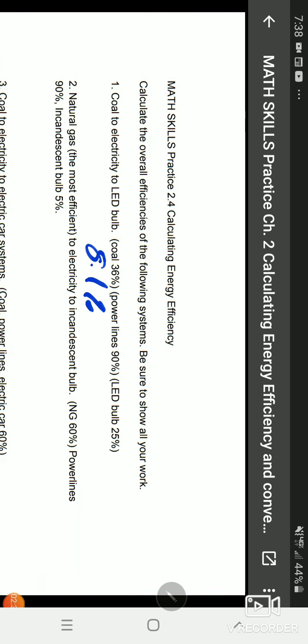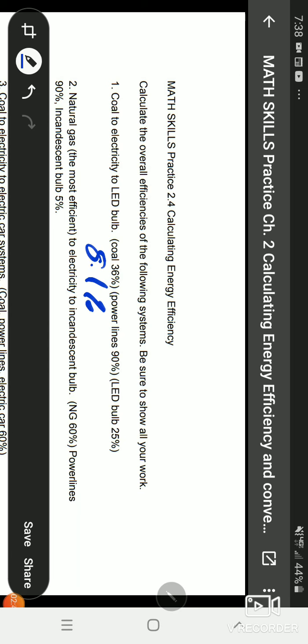Moving down, thinking about the natural gas here, it says that natural gas, which is more efficient than coal, goes to electricity, to an incandescent bulb. Okay, so again, we're going to do natural gas at 60%. So that's our value here.